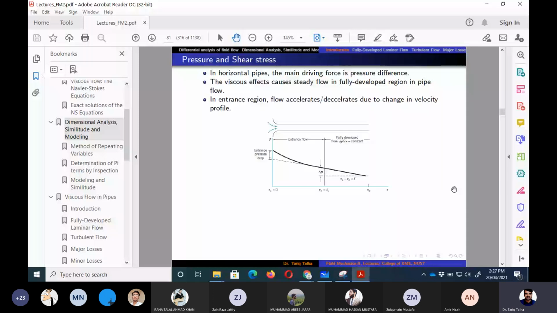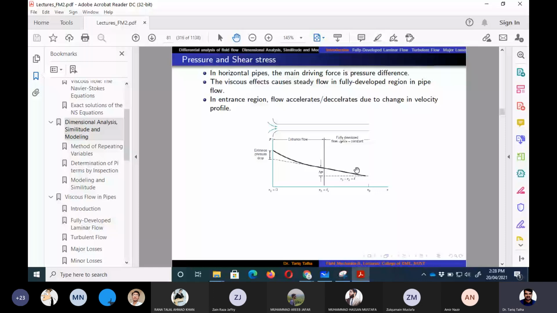But in the entrance region, because of the pressure difference, there is also some variation in velocity. So now in the entrance region, there are three forces. One is the pressure difference force, then there is the viscous force due to viscosity, and then the inertial force, which comes due to change in velocity along the streamline. So you can easily see that the pressure drop in the entrance region is high as compared to the pressure drop in the fully developed region.